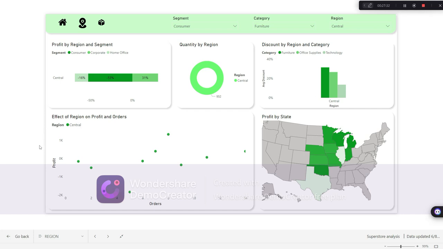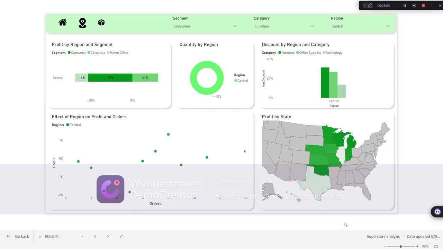Now the effect of central region on profit and order, as we see, in the order range 6 to 14, we made more profit, but in the order range from 0 to 4 or 5, we made losses.